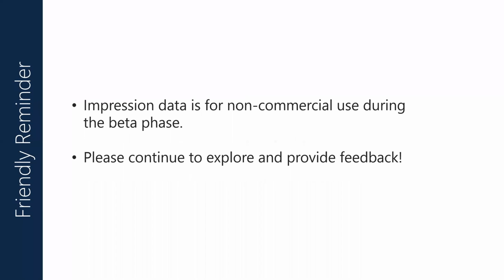A friendly reminder that the Insight Suite is still in beta, with the goal of it coming out of beta at the end of September, so for October 1. During that time, the impression data is still for non-commercial use. I always want to make that caveat. After this session, as you hopefully go in and explore the inventory, please provide feedback.